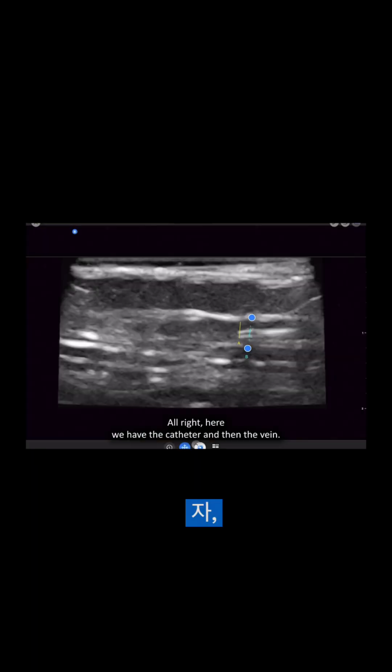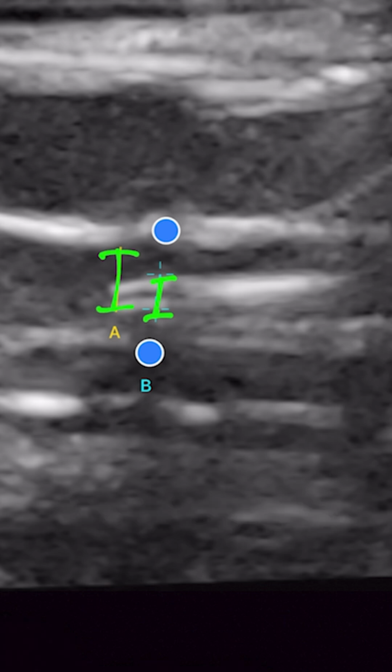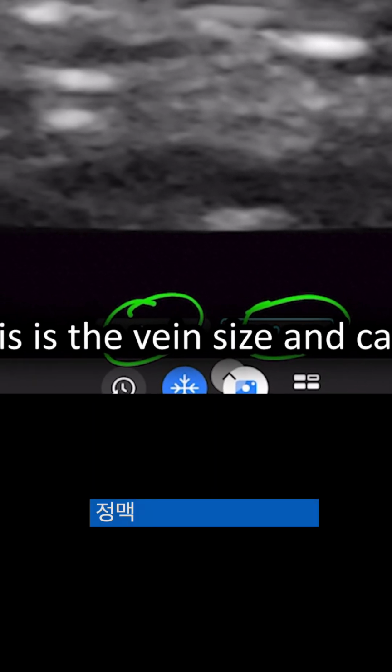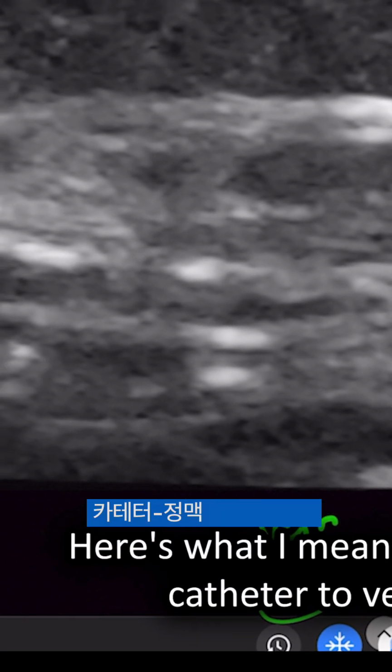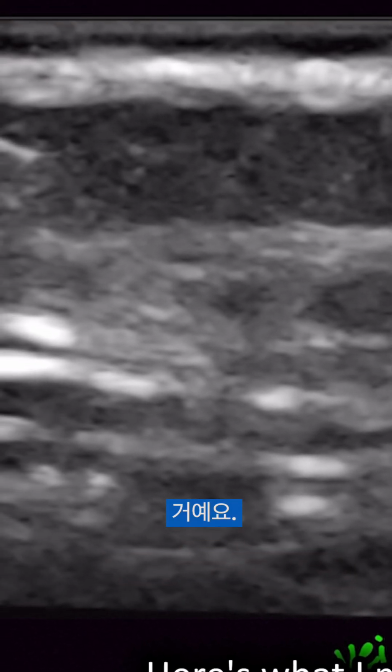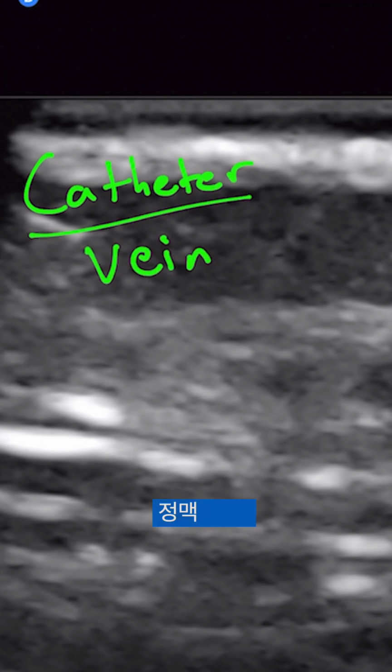There it is. All right, here we have the catheter and then the vein. We pre-measured it. This is the vein size and catheter. Here's what I mean when I talk about catheter to vein ratio size. Catheter to vein ratios.